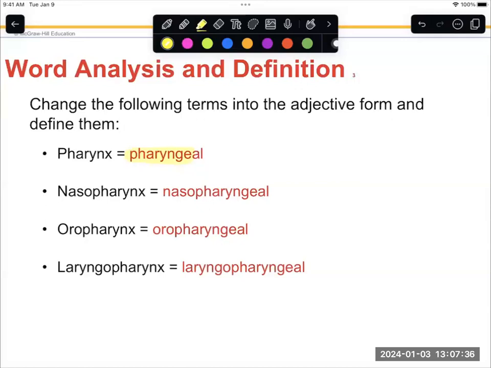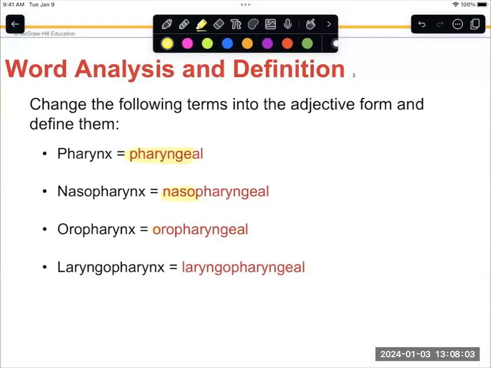Nasopharynx is going to become nasopharyngeal. Naso for nose. So the nasopharynx is the region of the pharynx at the back of the nose and above the soft palate.